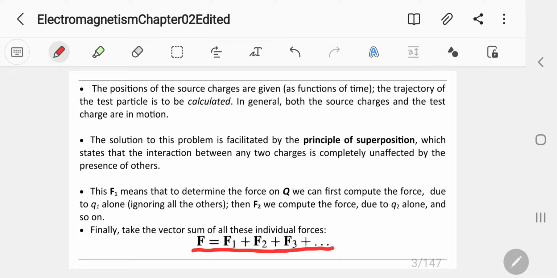You just calculate the force exerted by Q1 on capital Q, and then you do it again for Q2, and similarly for Q3, and so on.